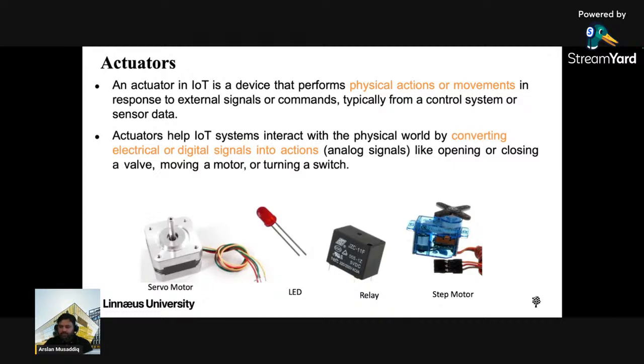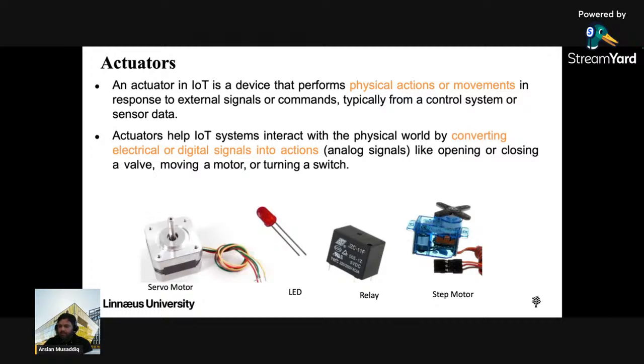Essentially, while sensors gather information about the environment, actuators allow IoT systems to interact with and affect that environment. Actuators work by converting electrical or digital signals into physical actions. This is the opposite of what sensors do, which convert physical changes into electrical signals.